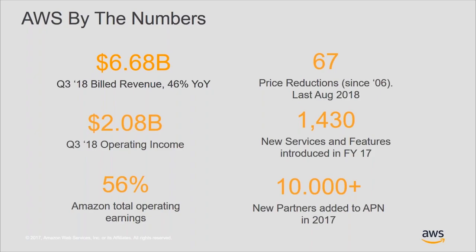Just some other supporting numbers that may be of interest to you all. We've reduced prices 67 times since our inception in 2006. We launched over 1,430 new services and features in fiscal year 2017. I'll get into that in a little bit more here. And with companies like CMG, we added over 10,000 partners in 2017 as well.